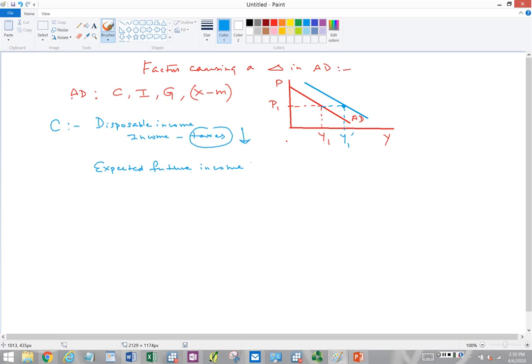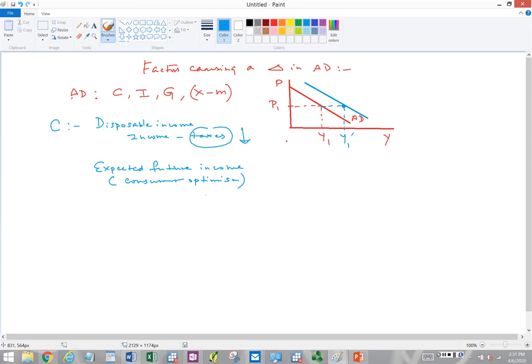So for instance, if you learned that you were going to get a pay raise next month, you may already currently begin to spend more on consumption, even with your current unchanged paycheck. So this has to do with consumer optimism. When consumers become optimistic about the future, that causes them to increase their consumption spending today, shifting the aggregate demand curve to the right.